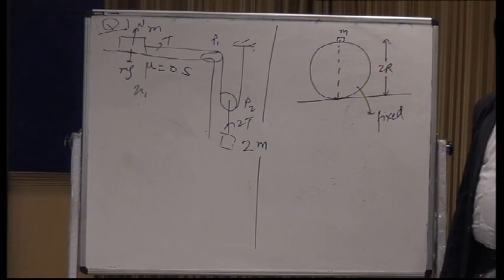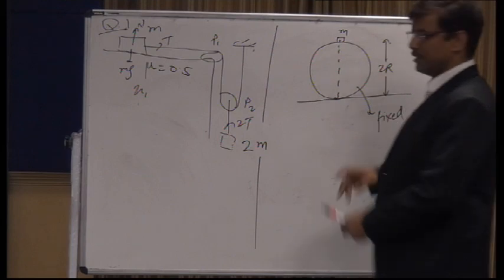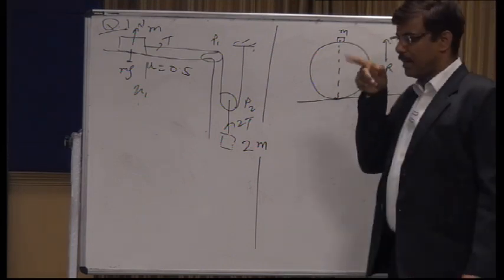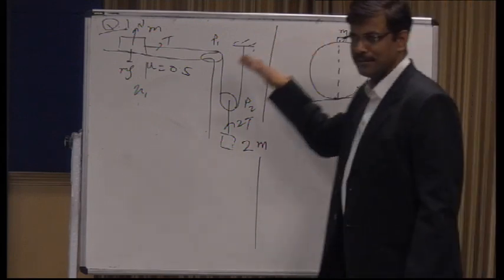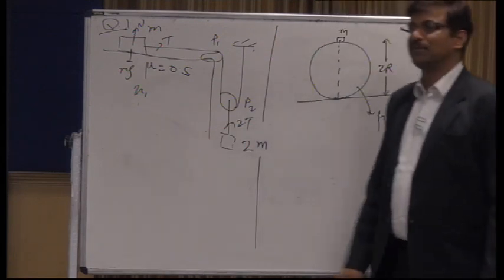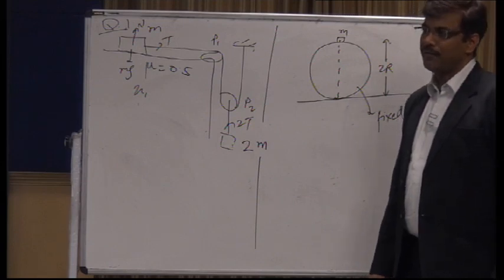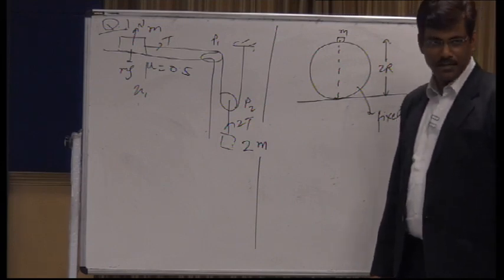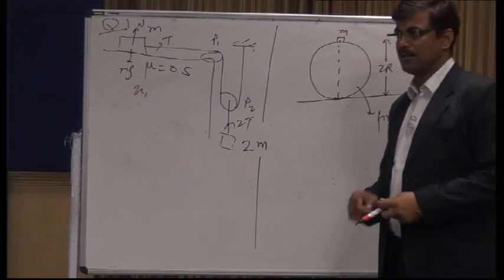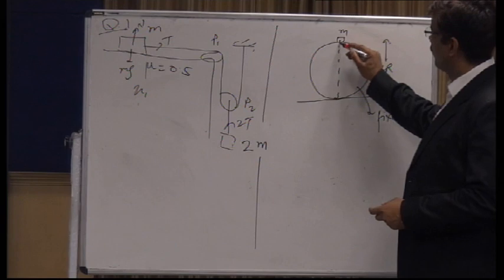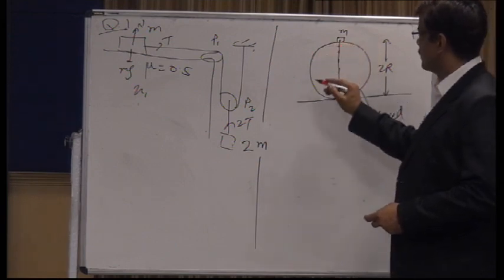Okay? Somebody from you only gives a gentle push to this mass, tuck, and this mass starts sliding down, moving down. Okay? You have to find the velocity of the mass when it just leaves the sphere. Question है, find the velocity of the mass when it just leaves the sphere.